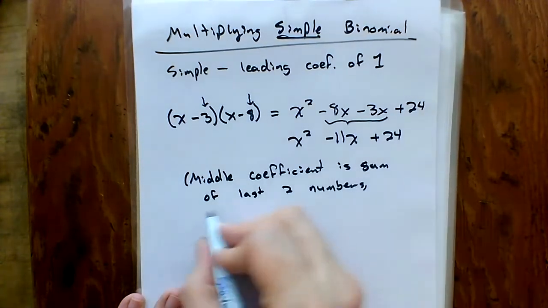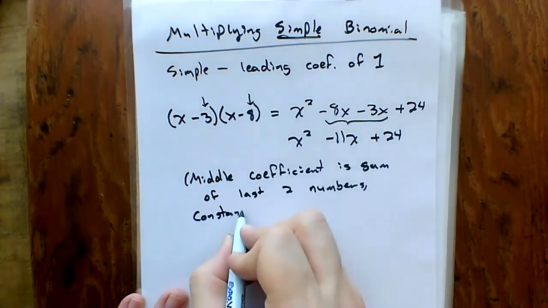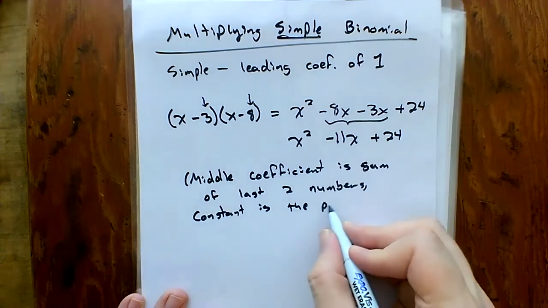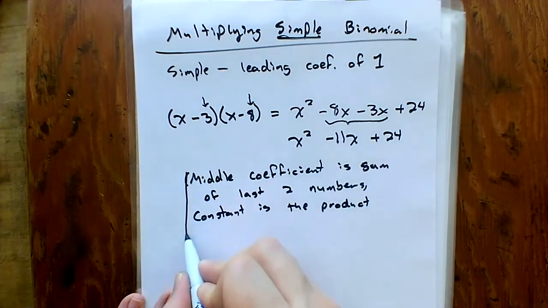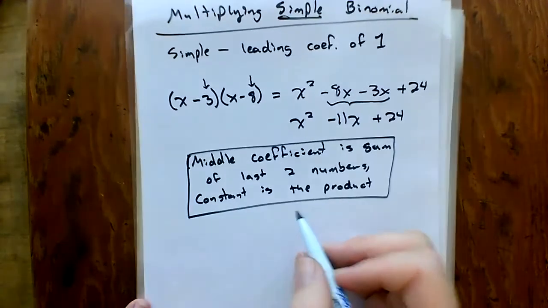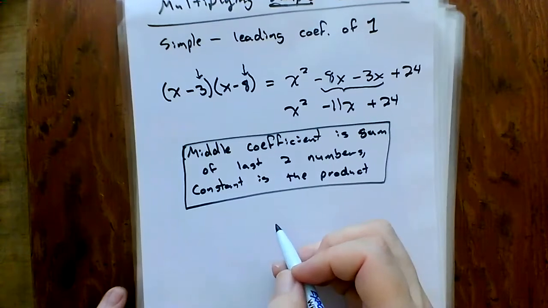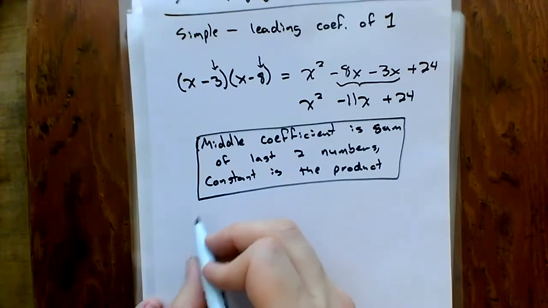And the constant is the product. So when you start to see that pattern, multiplying gets to be something that you can do very quickly.